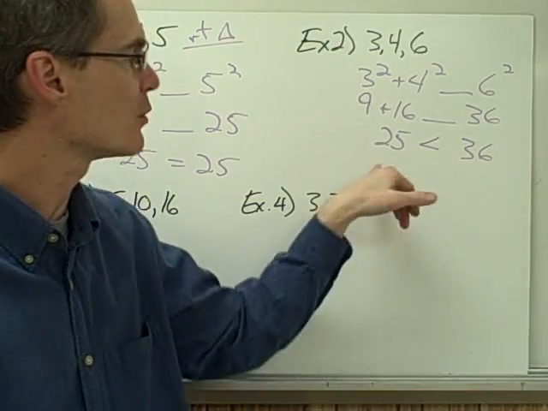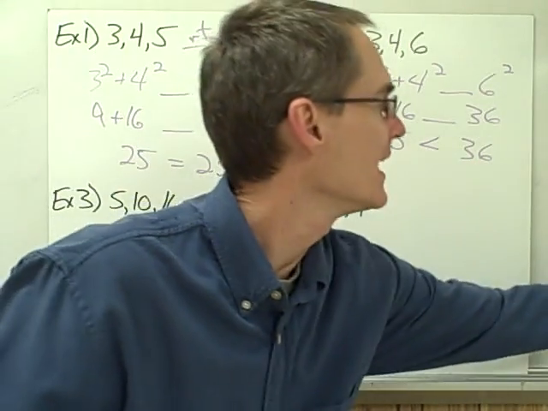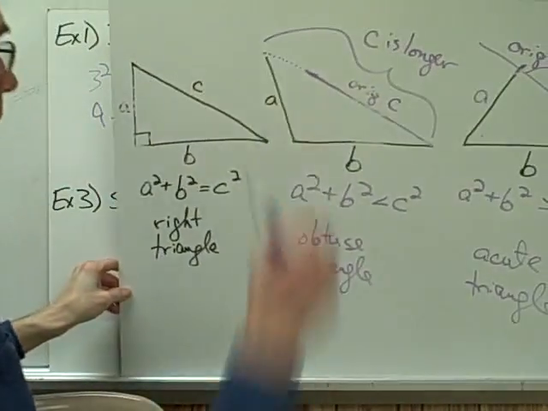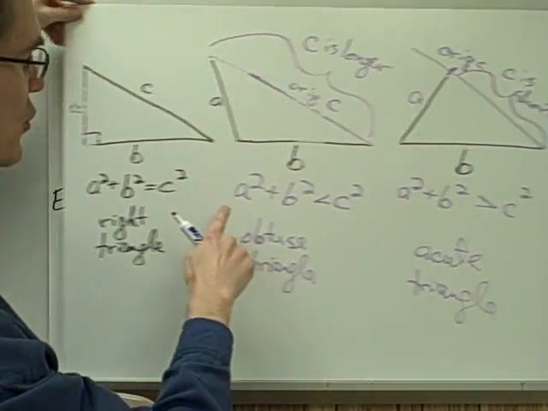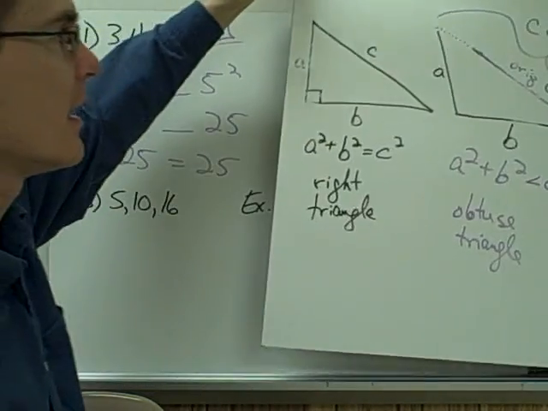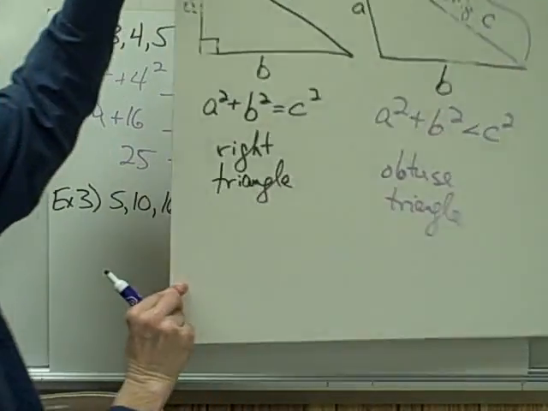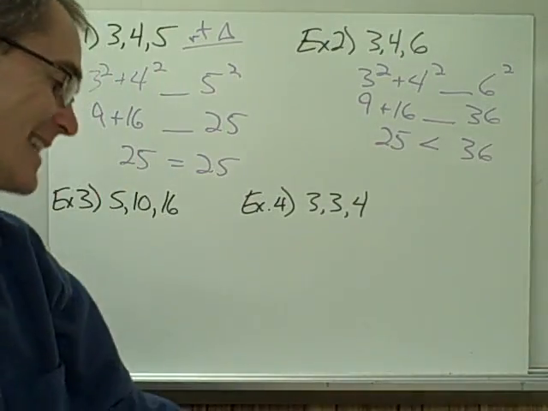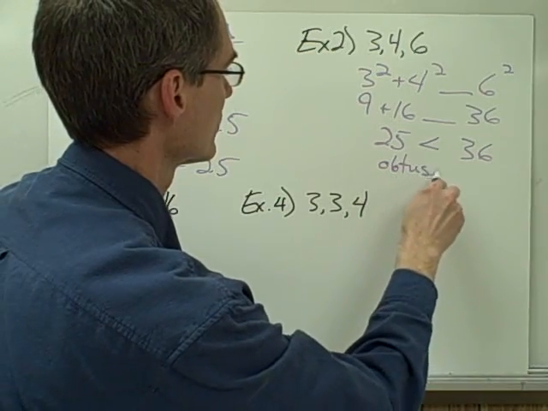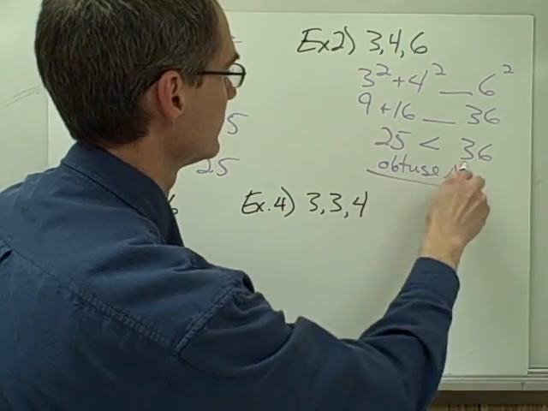Before, all I could say was that this was not a right triangle. Now, with what I've just learned, I can say that since a squared plus b squared is less than c squared, this is an obtuse triangle.